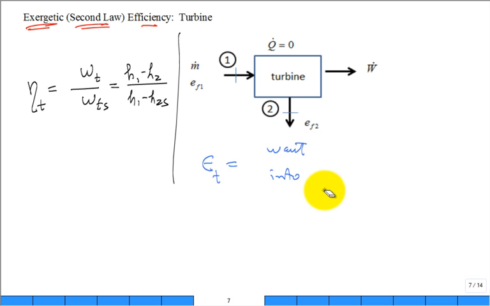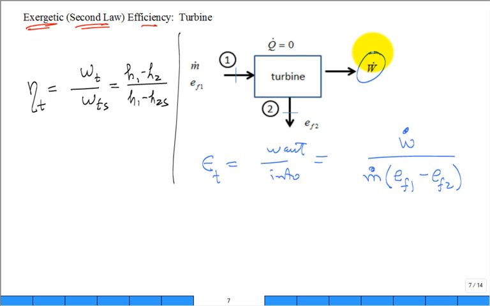The answer is what you desire over what's required, or what you want over the input. You're taking the fluid stream and it's coming in with the high potential to do work, and it's leaving with a lower potential to do work. So something's coming out of the fluid stream, and you want as much of that as possible to go to turn the shaft.